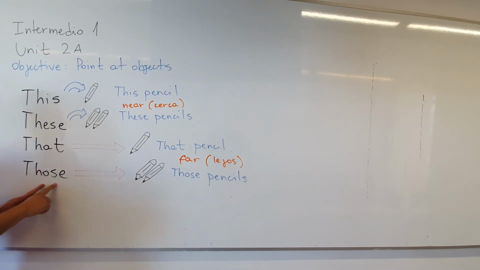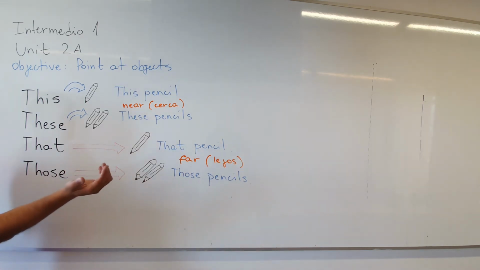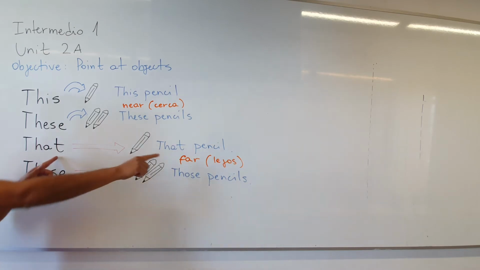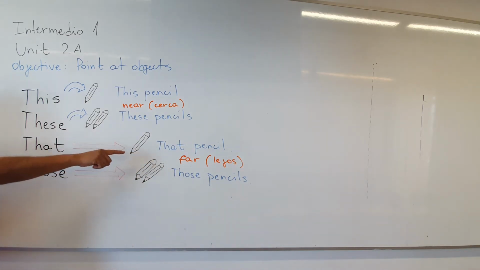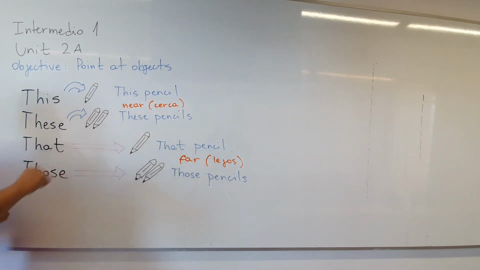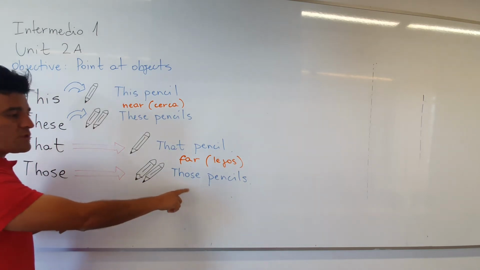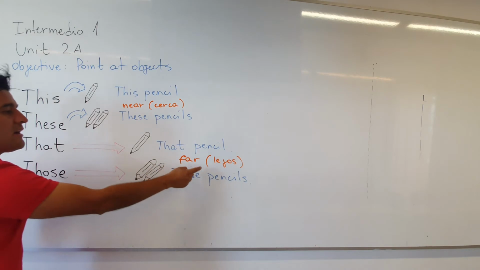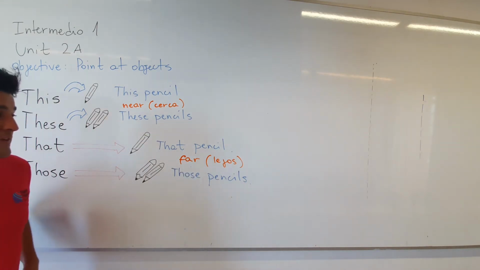Okay, and we have those. Repeat, those. Okay, very good. And here we have the use. For example, in this I say that pencil. And here we say those pencils because they are far. So that is the difference in this case.